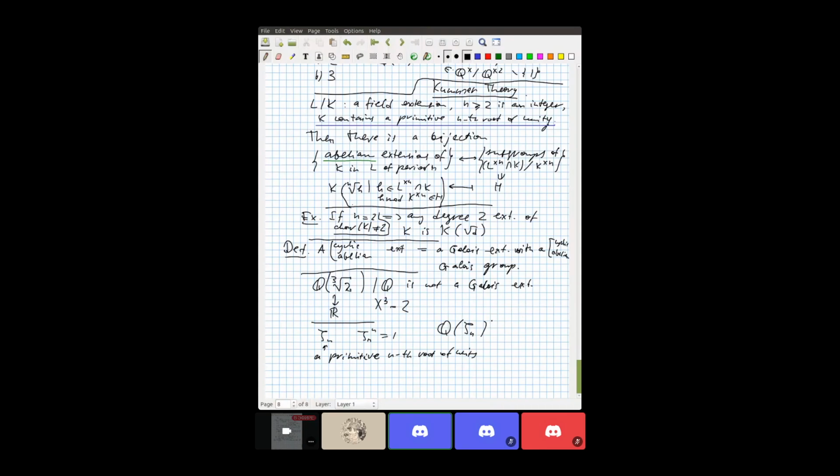By the way, do you remember what is the Galois group of this extension? The group of permutations? No, because you see the point. It's a cyclic group? No, not in general.